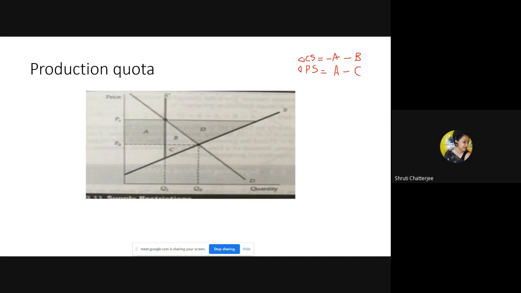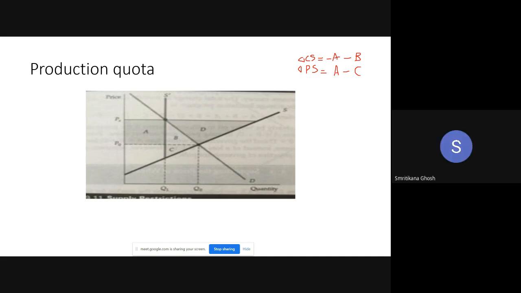Ma'am, B plus D. Oh, why D? Why B? Why D? Ma'am, now the price is P1. So, okay, now the quantity also decreased. Oh, sorry, ma'am. Yes.